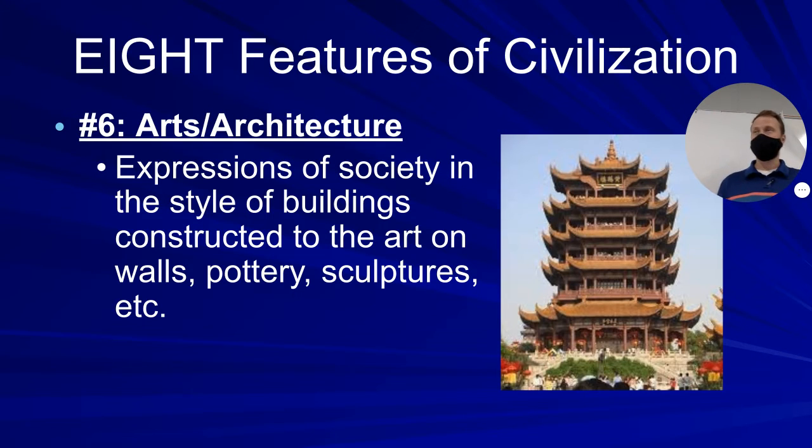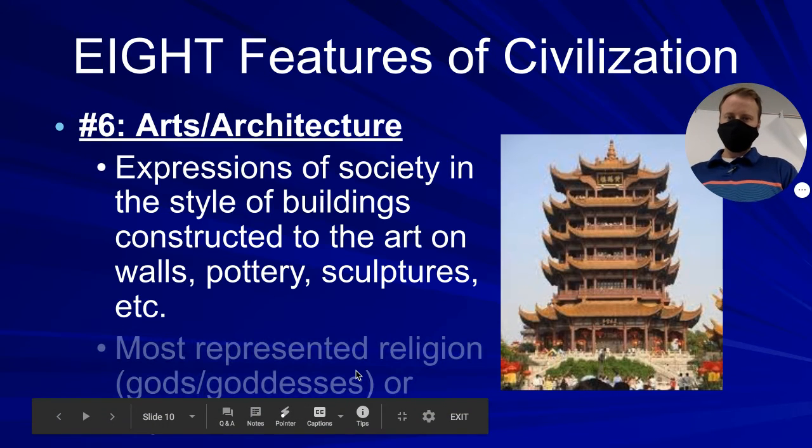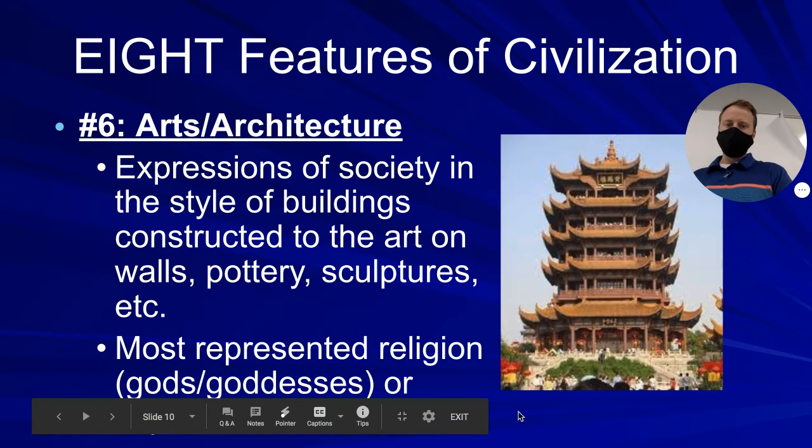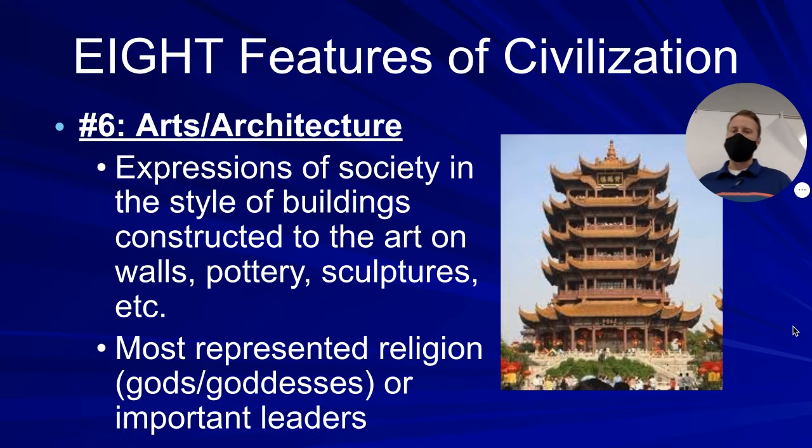It's efficient too. So we can see the difference in architecture. Most of this was represented by religion, so we can see how these different features play into each other. They can represent god or goddesses or important leaders.